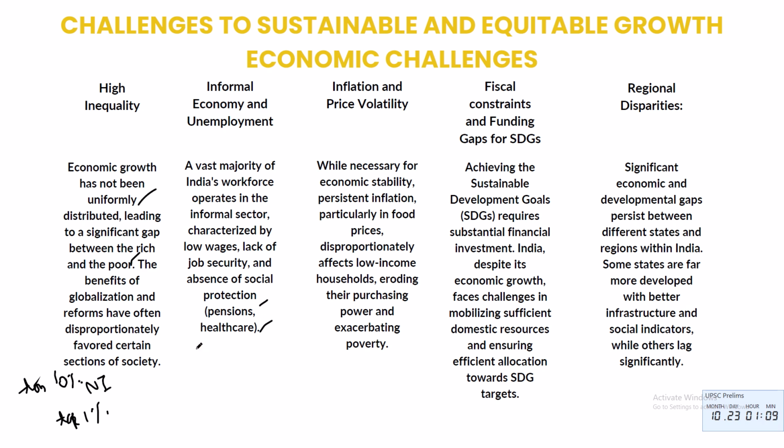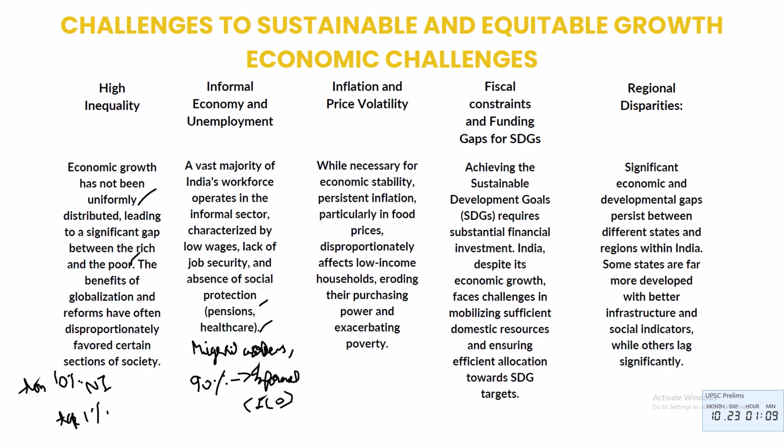Migrant workers, daily wage laborers, small street vendors, a significant portion of agriculture laborers all fall into the informal sector. See, around 90% of India's workforce is informal, according to the International Labour Organization (ILO's) data.